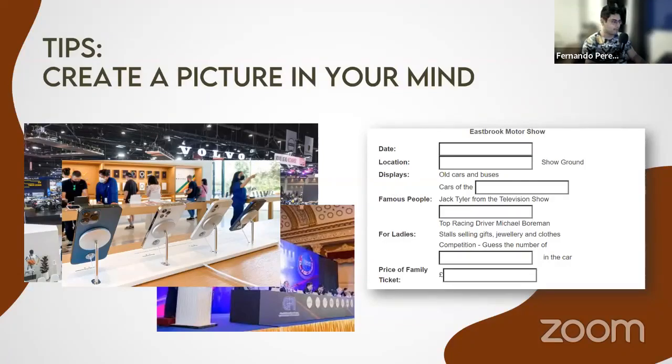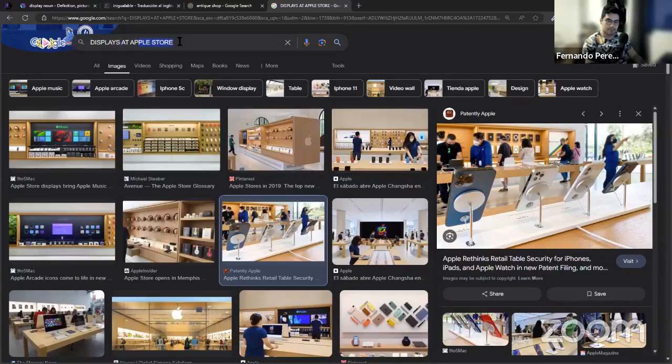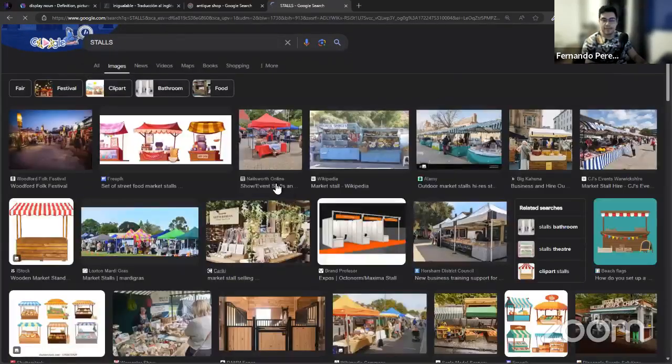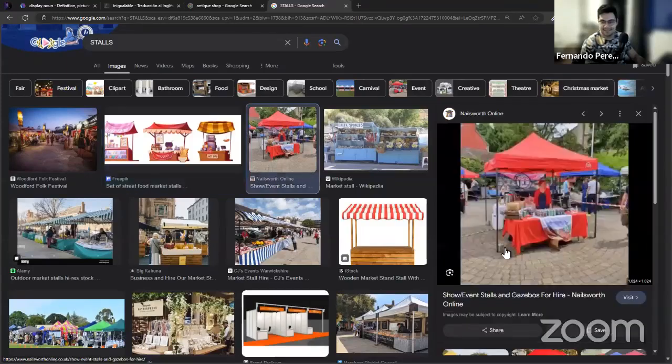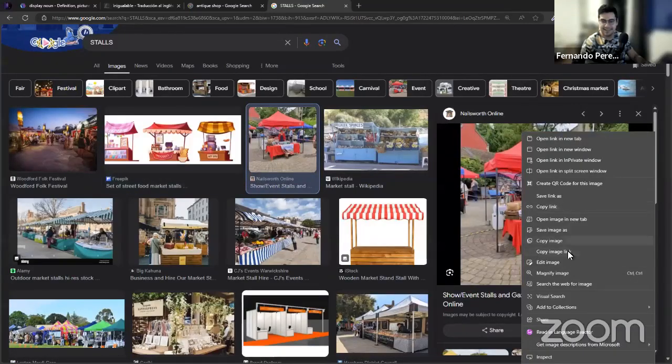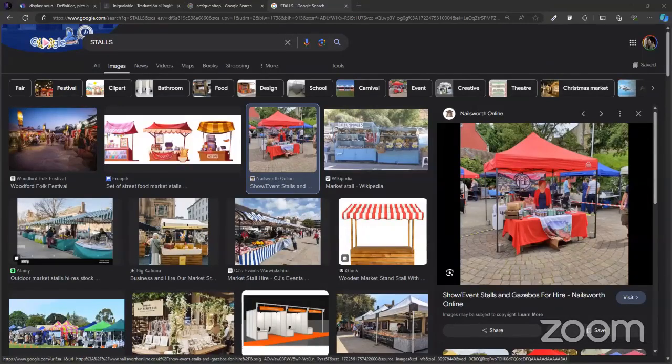Second word, stalls. Stall in British English, stand in American English. Do you understand? Super cool.